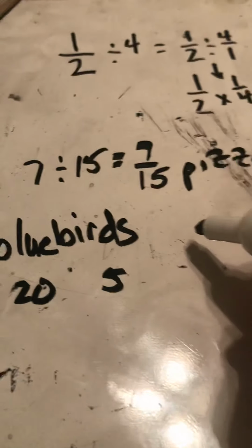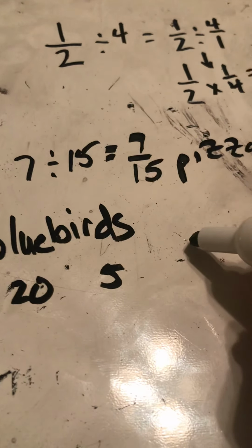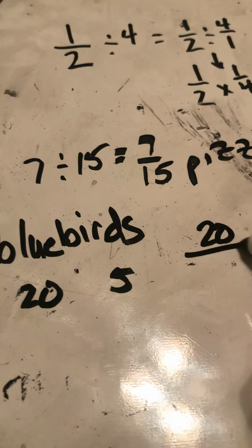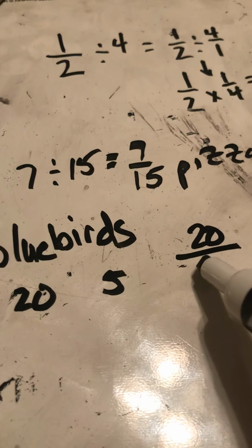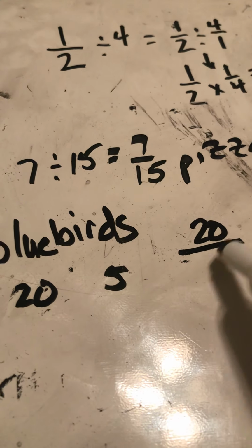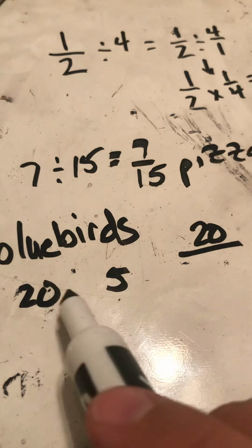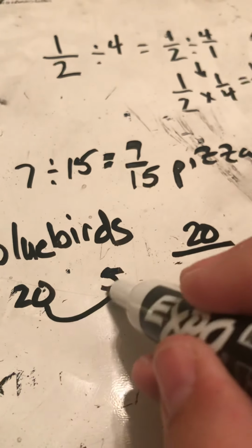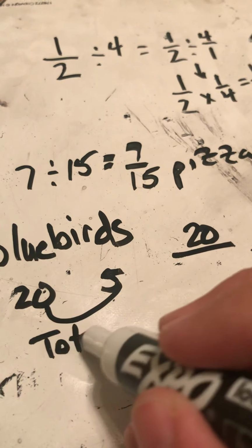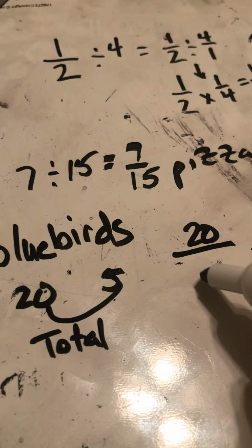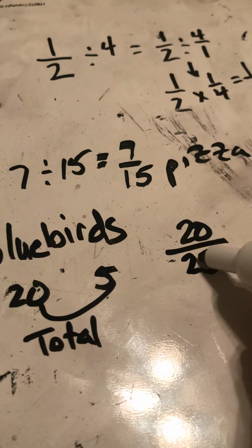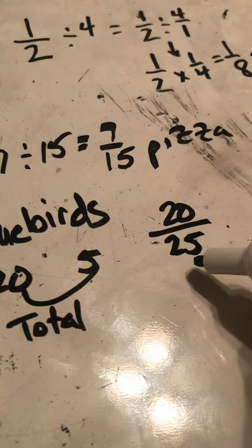So our fraction for the Bluebirds is going to be 20, and it's not going to be over 5, because to get this denominator, we have to add the wins and the losses together, because that equals the total number of games that team played. So it'd be 20 over 25.